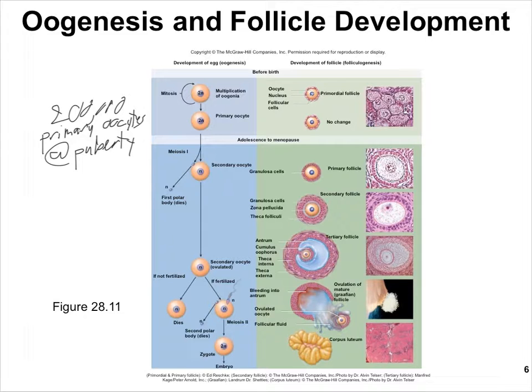This is pretty much a lifetime supply. Like, you don't need 200,000 eggs. You're not going to have 200,000 menstrual cycles. So even though you start off with a limited number of them, and you can't get more, it's usually plenty.